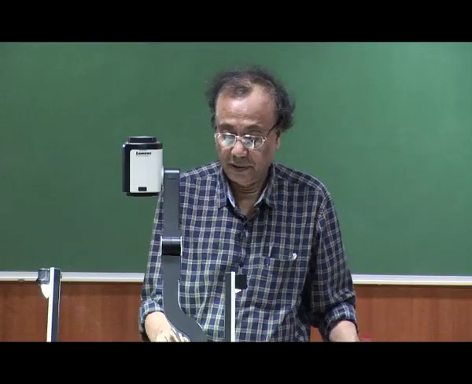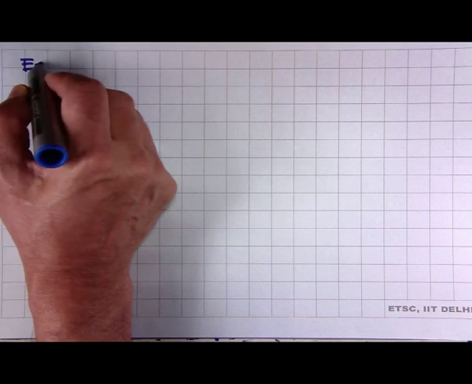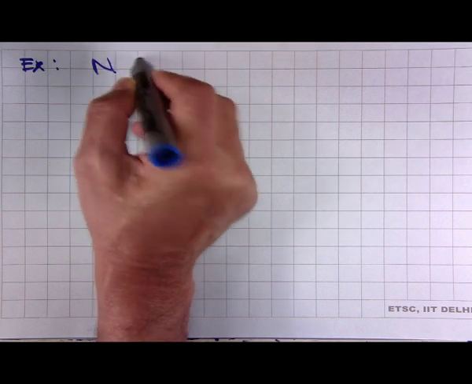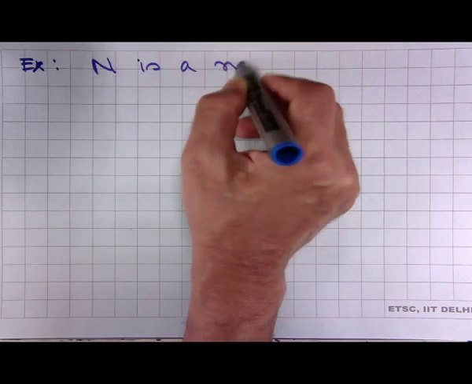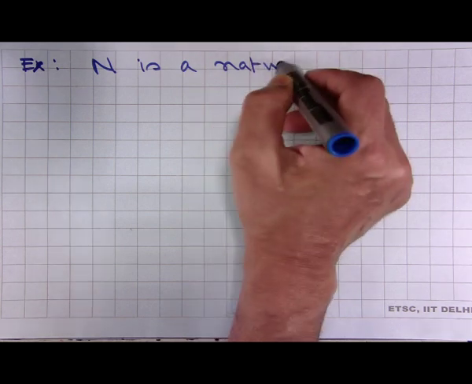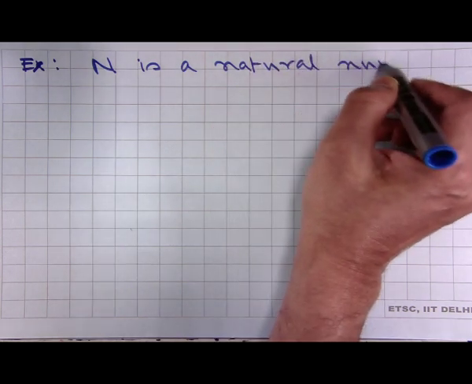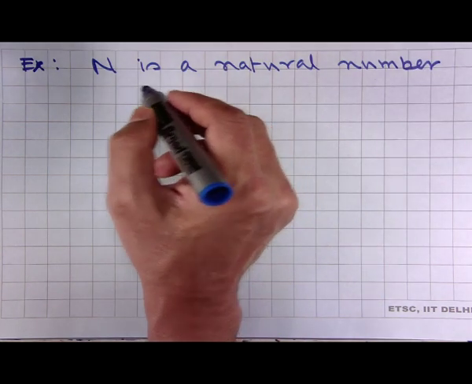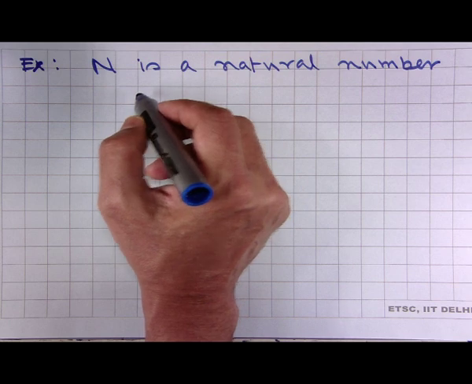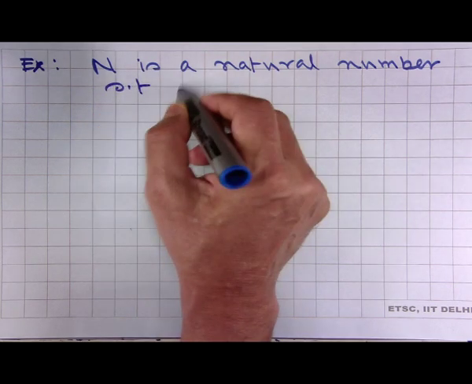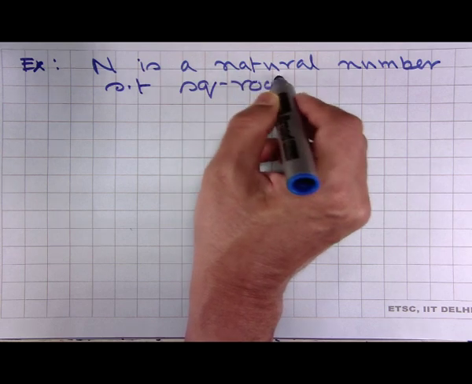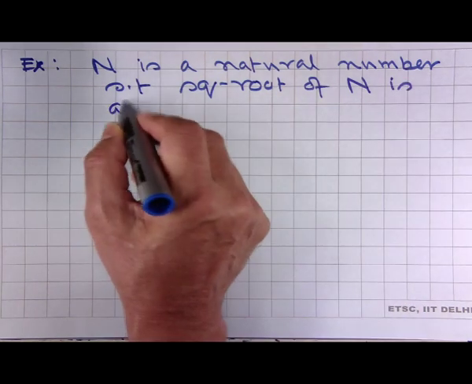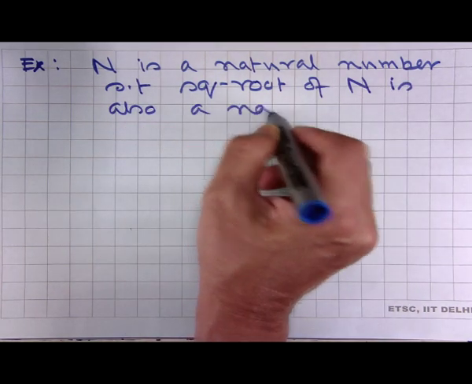Again, consider an example. N is a natural number such that square root of n is also a natural number.